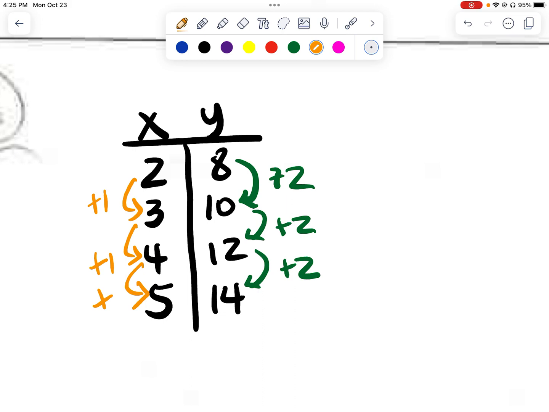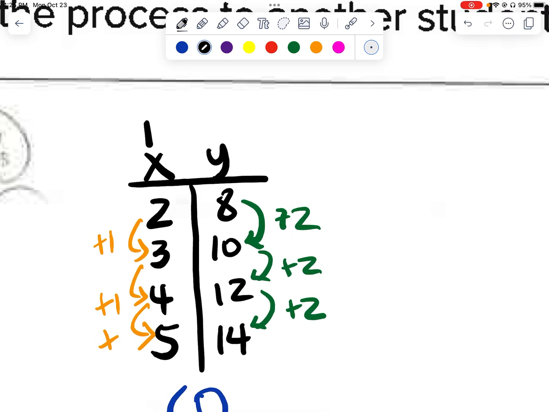I need to know when x is equal to 0. So that means I need to go backwards. 1 and 0. I added 1 here, I added 1 here. What are these going to be over on this side?